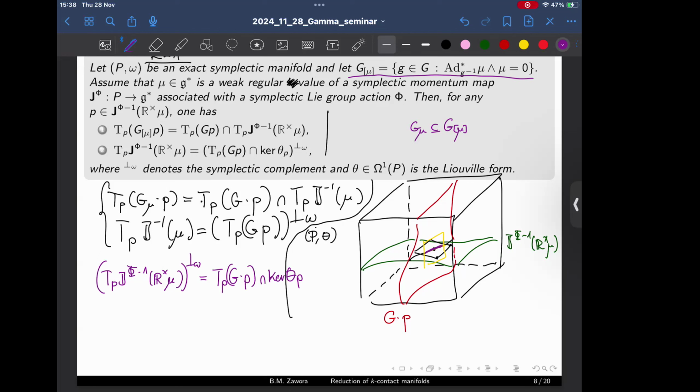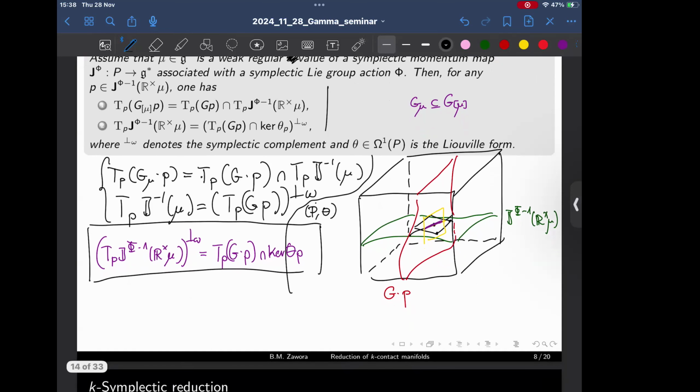So now you can state the Marsden-Weinstein reduction theorem for contact manifolds when k equal 1, because you have this: the double symplectic orthogonal gives the same subspace.